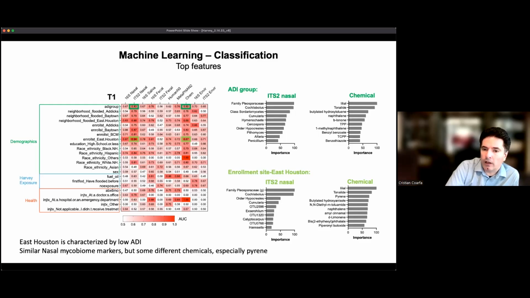So Lilial and tonalide, and I looked it up: Lilial is used in fragrances, and tonalide is usually used in laundry to provide some fragrance. However, East Houston also has a highly informative chemical, pyrene, which is a PAH. So this is saying that it's very important to do multidimensional profiling, because the microbiome would not capture the exposure to particular chemicals like PAHs.